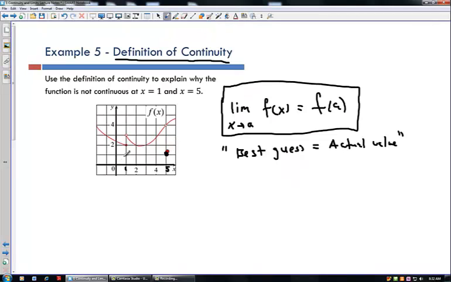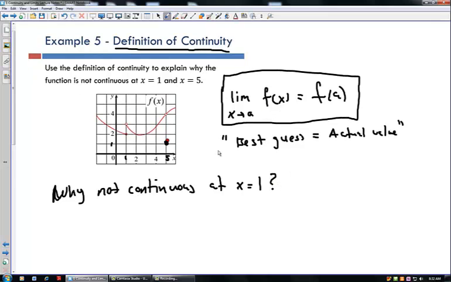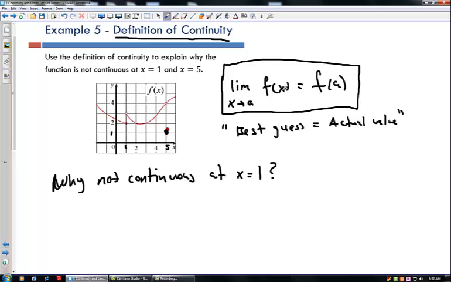So why is this not continuous at x equal 1? I can see there's a jump there, but why does it follow from this definition?